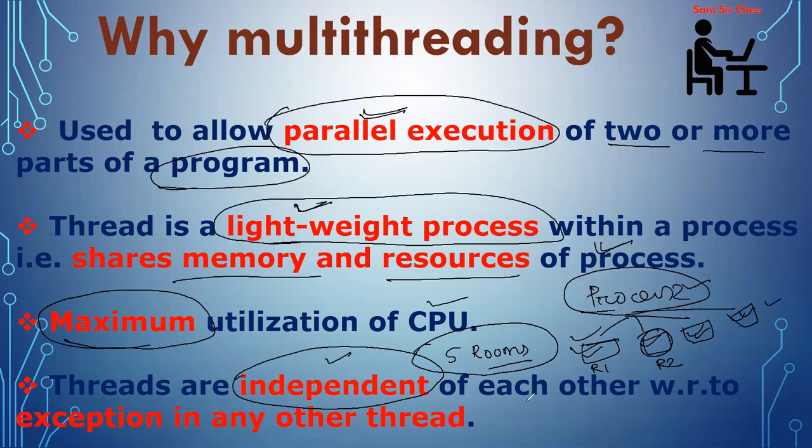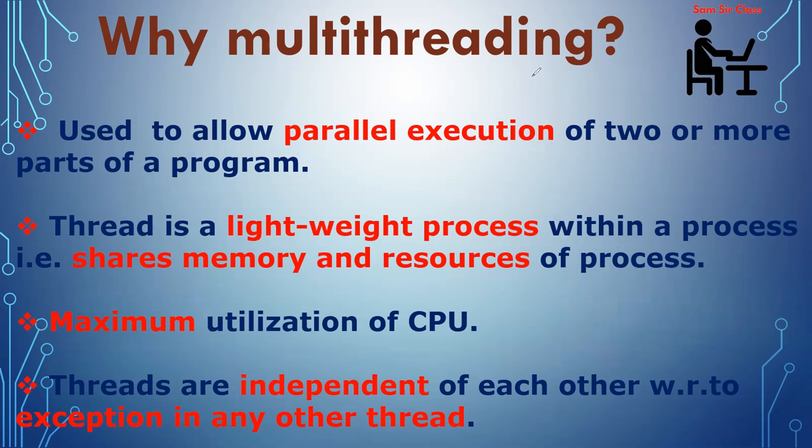So threads are independent of each other with respect to exceptions in any other thread. Any problem occurring in one thread does not affect the other threads. Parallel execution can be done for maximum utilization of resources or CPU, and all are independent of each other during execution. Clear?